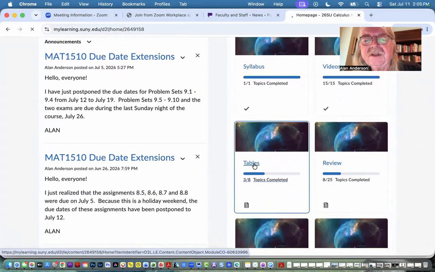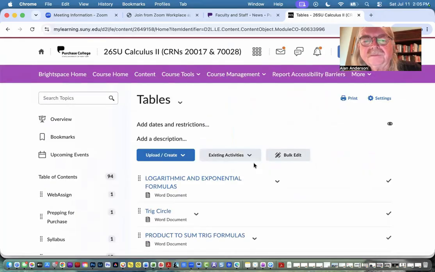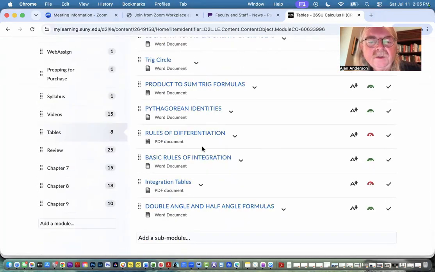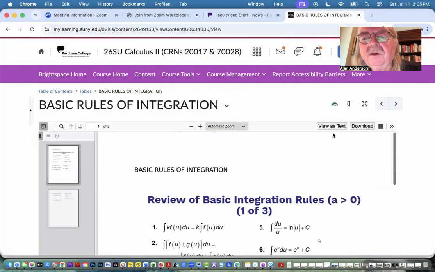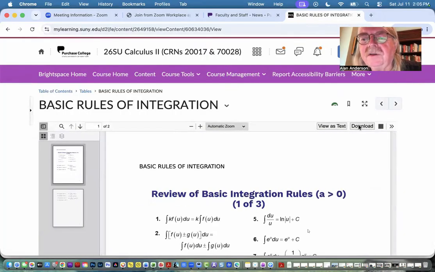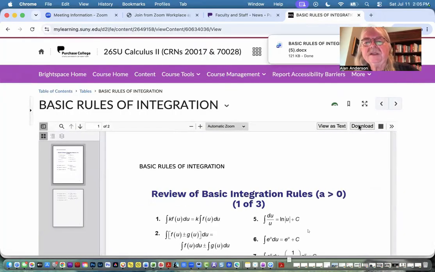Here we go. So here's the tables. And the one down here that says integration tables, there's actually one up here with the simple or basic rules of integration, which is great. It's a great table, but it only can have so much on it. There are limitations to how many rules are on here.